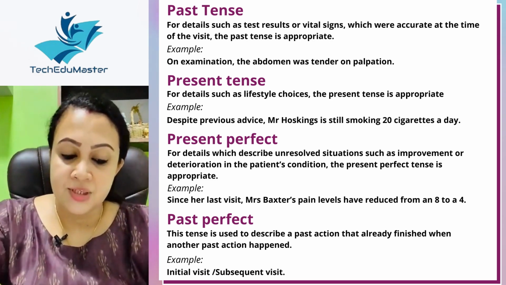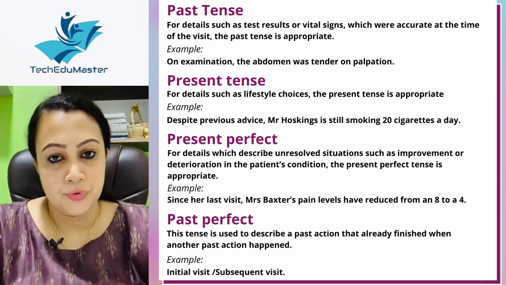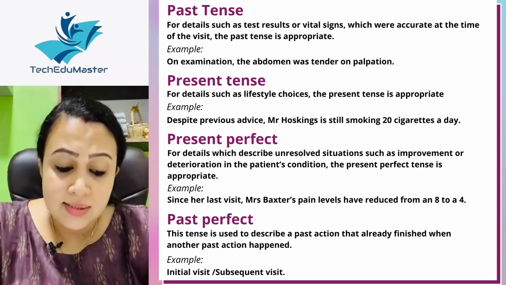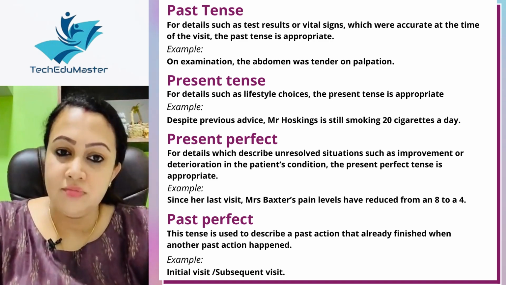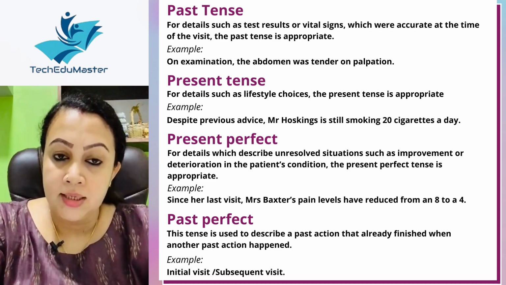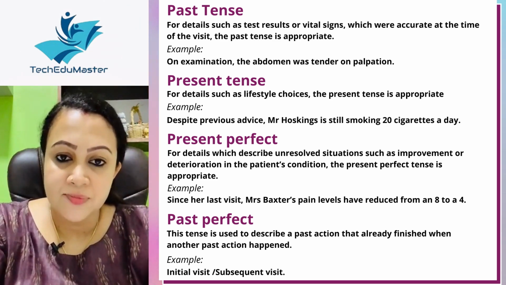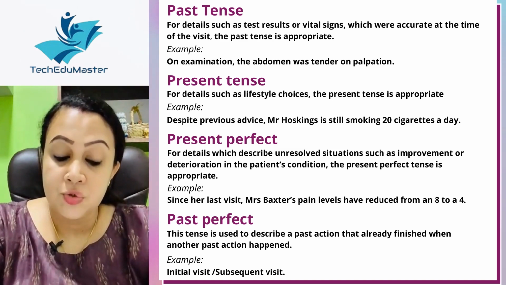So how can you write it? On the subsequent visit on so and so date, Mr. X's condition has improved. In this example, the patient's condition had improved before this particular date, that means the date which we are writing. Imagine that the date is 1/1/2010.